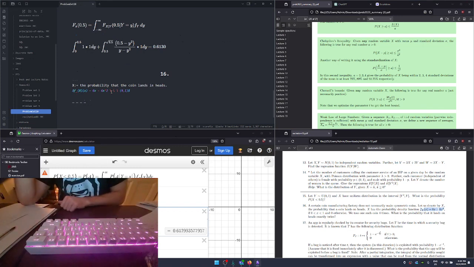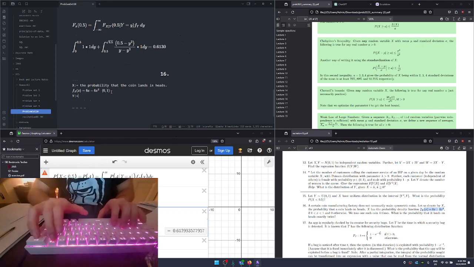Well, this is a binomial distribution, so the number of heads, and what is y?